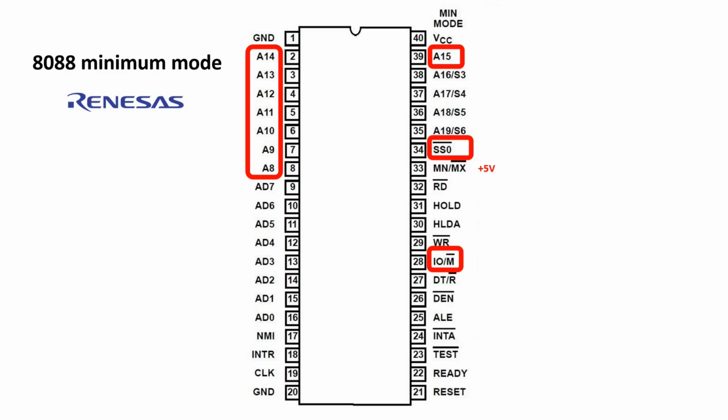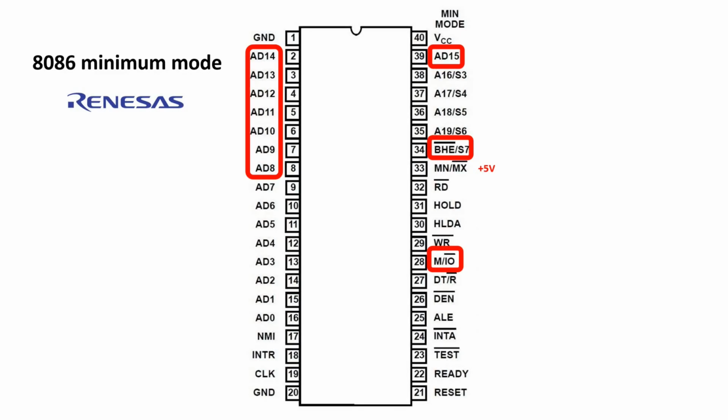All reads and writes use AD7 to AD0 on the 8-bit databus 8088. And on the 8086 we have 8 additional AD pins, giving us AD0 to AD15.